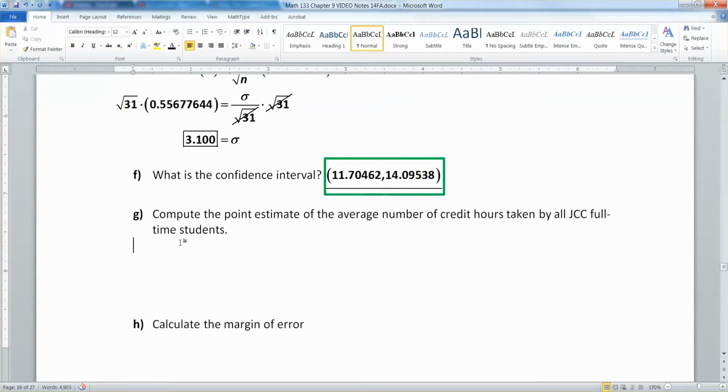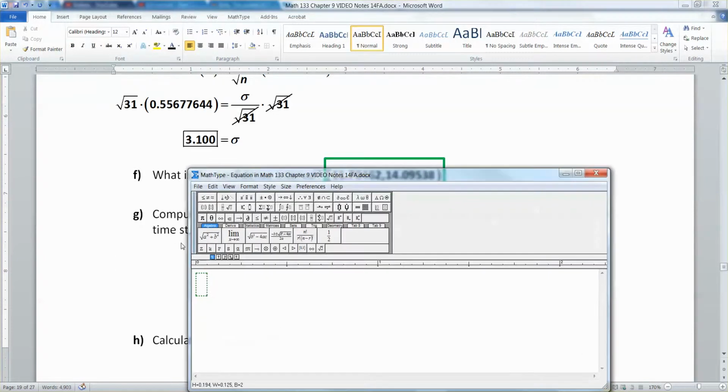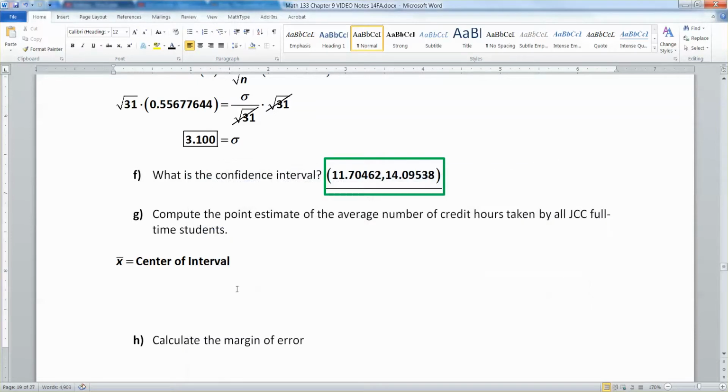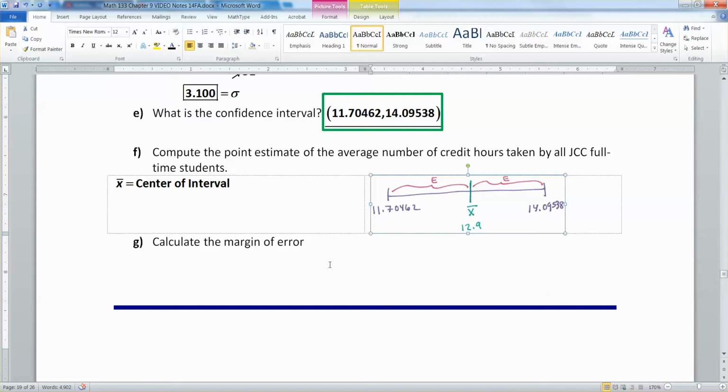Now let's compute the point estimate. That would be x bar. So we're looking for x bar, which is the center of our confidence interval. Okay. All right, there I drew a little picture so you could see it here.